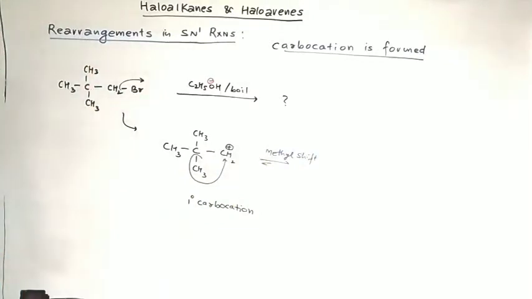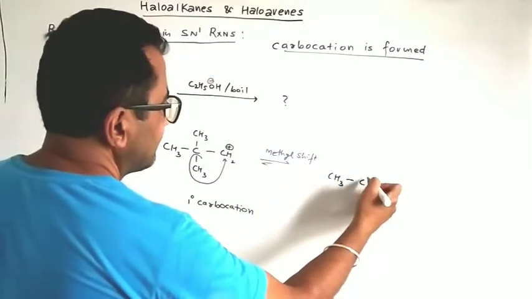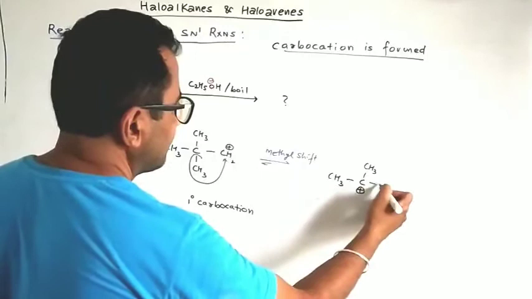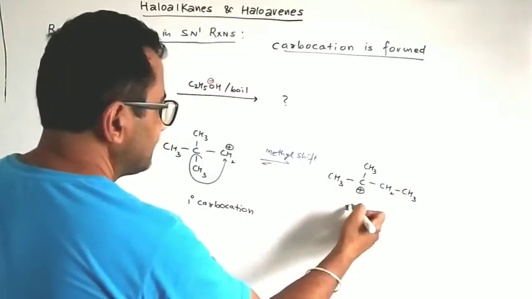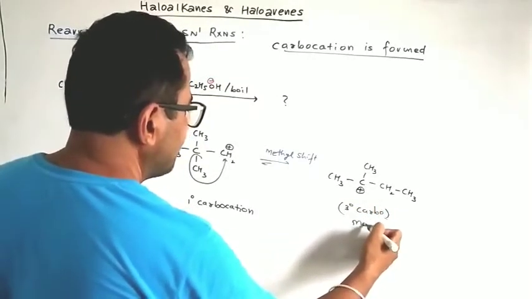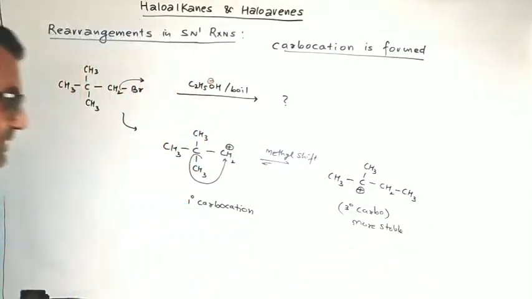To produce a more stable carbocation. So this is your 3 degree carbocation. It's more stable. That's why this process is feasible.